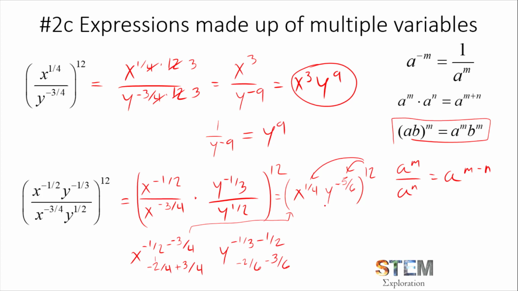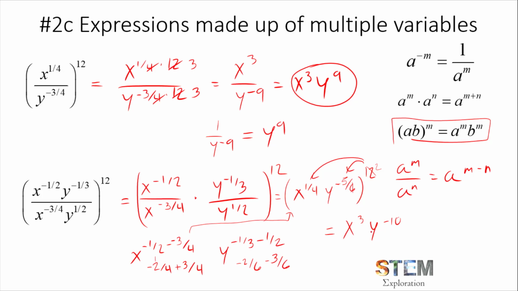We know that when we do this multiplication, it'll just be 1/4 times 12, which would be equal to x to the third power. And if we go 12 times -5/6, well, we can cancel out the 12 with the 6 and say that 2 is remaining, and then we get y to the -10. So it's just 12 times -5/6.